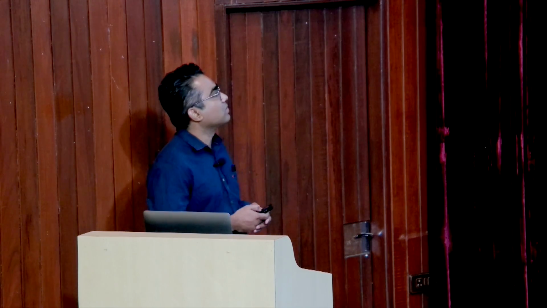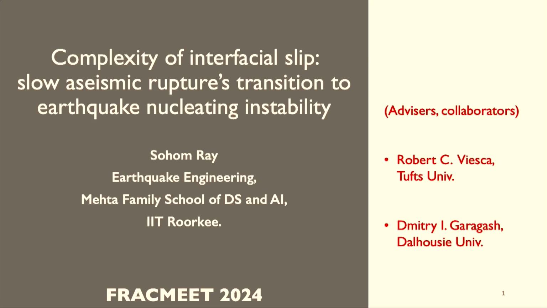Yesterday we saw Kaushik's talk on how the bulk and interface combine together to give a fantastic range of motion phenomena. I tweaked my talk a little after that, so I focus more on the interfacial properties rather than the bulk ones, and we see that simple laboratory-based frictional and strength formulations allow us to do so.